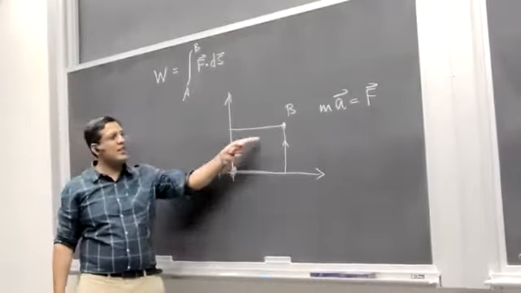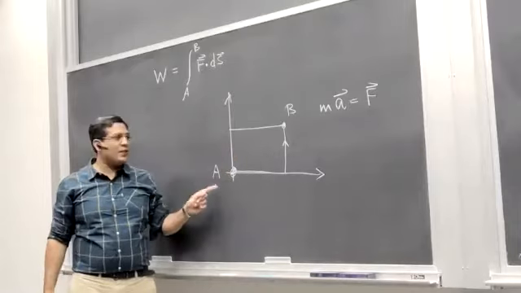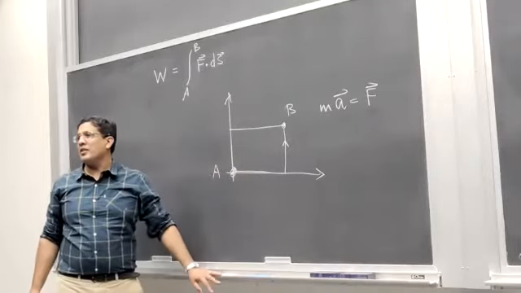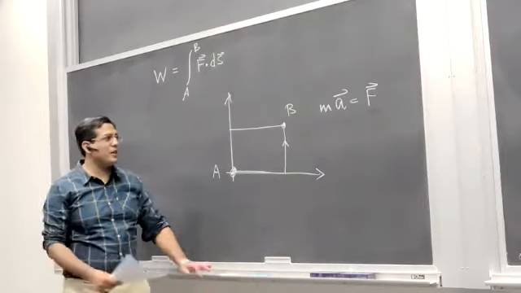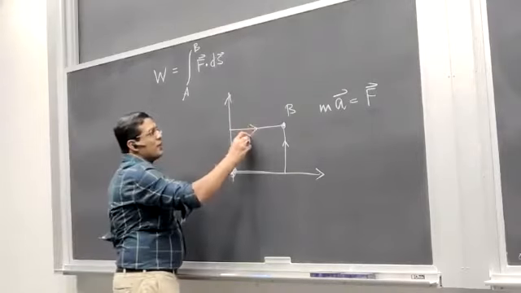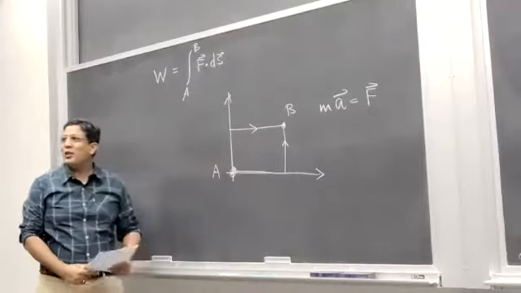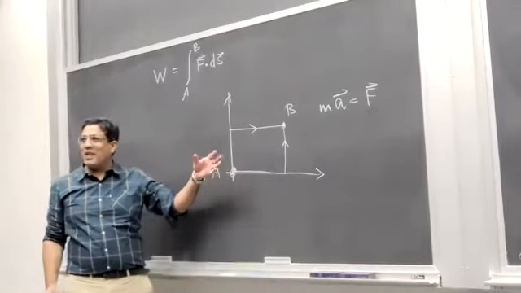How many different paths can you take from A to B? Anyone? Infinite paths. There are infinite ways of going from A to B. We're just looking at the two simplest well-behaved paths.